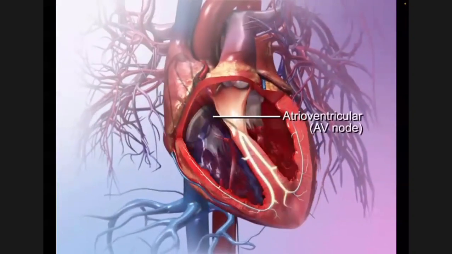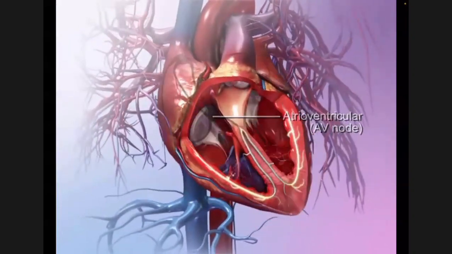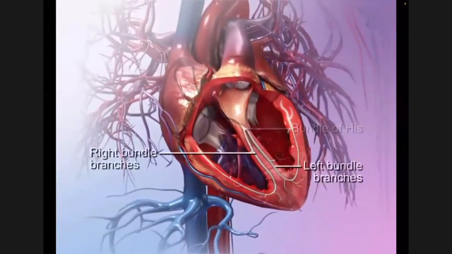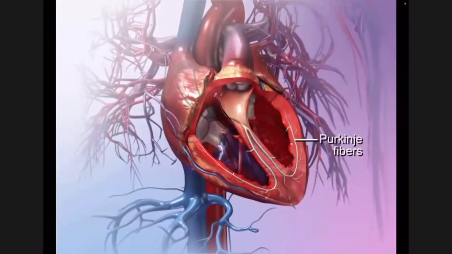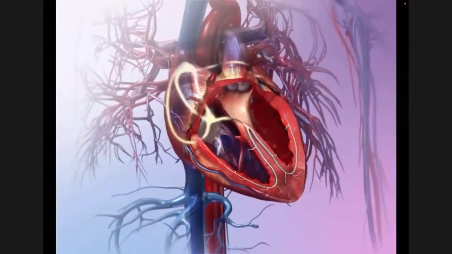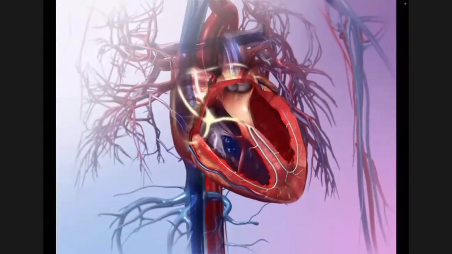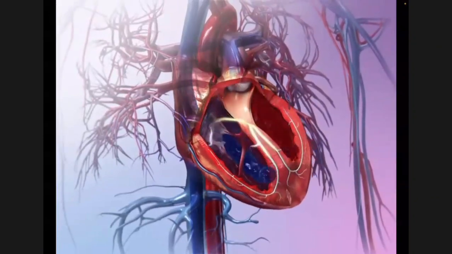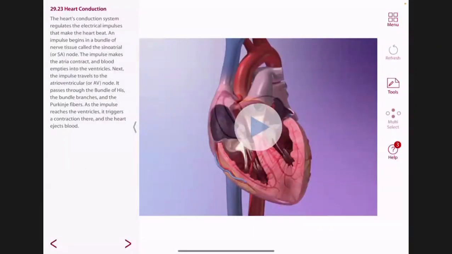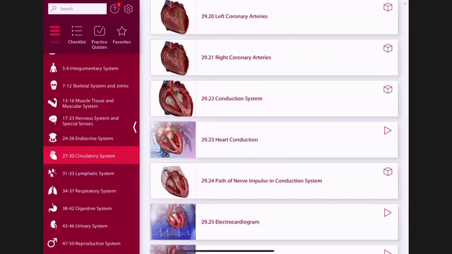Next, the impulse travels to the atrioventricular or AV node. It passes through the bundle of His, the bundle branches, and the Purkinje fibers. As the impulse reaches the ventricles, it triggers a contraction there, and the heart ejects blood. See, from SA node it started, right?